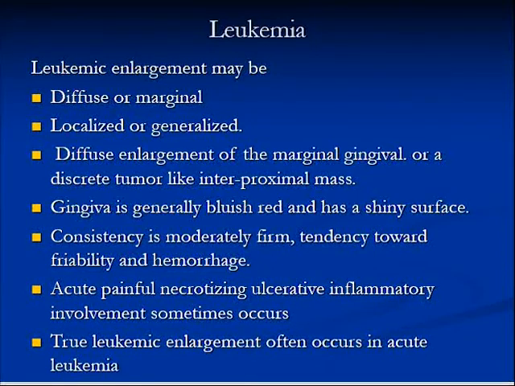It is moderately firm with a tendency towards friability. Hemorrhage occurs either spontaneously or on slight irritation. Patients with leukemia may also have a simple chronic inflammation without the involvement of leukemic cells and may present with the same clinical and microscopic features seen in patients without the disease.